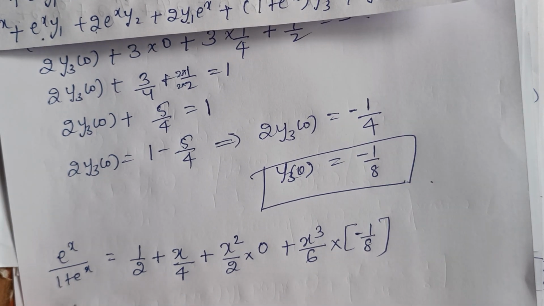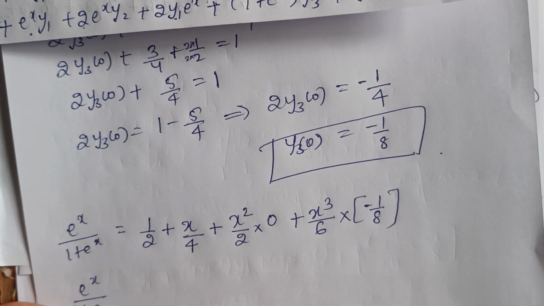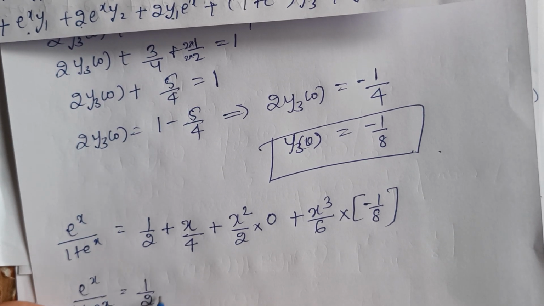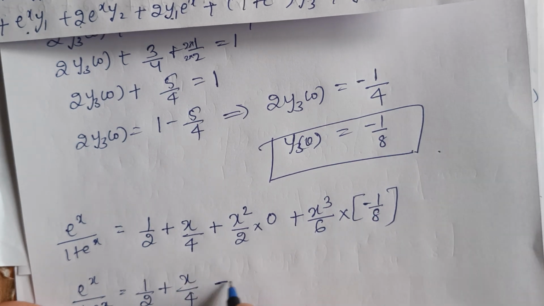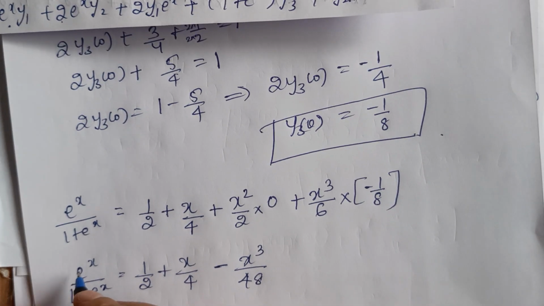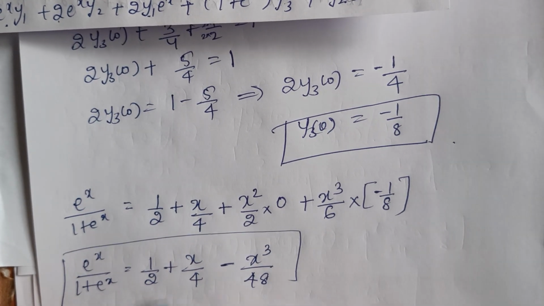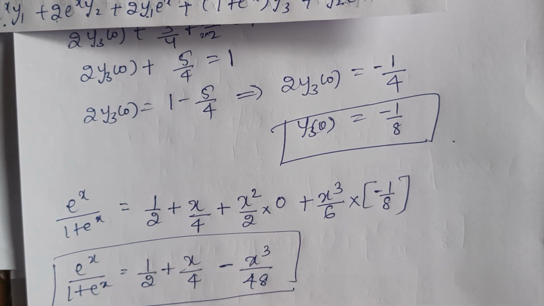Okay, so the final expansion of e power x by 1 plus e power x is equal to 1 by 2 plus x by 4, this is 0 and this is minus x cube by 48. Hence this is the required Maclaurin's expansion of e power x divided by 1 plus e power x.